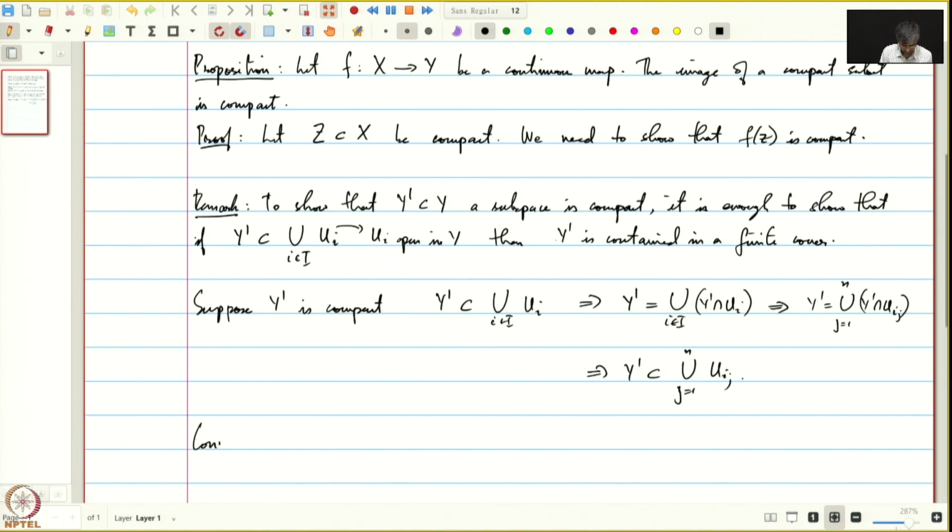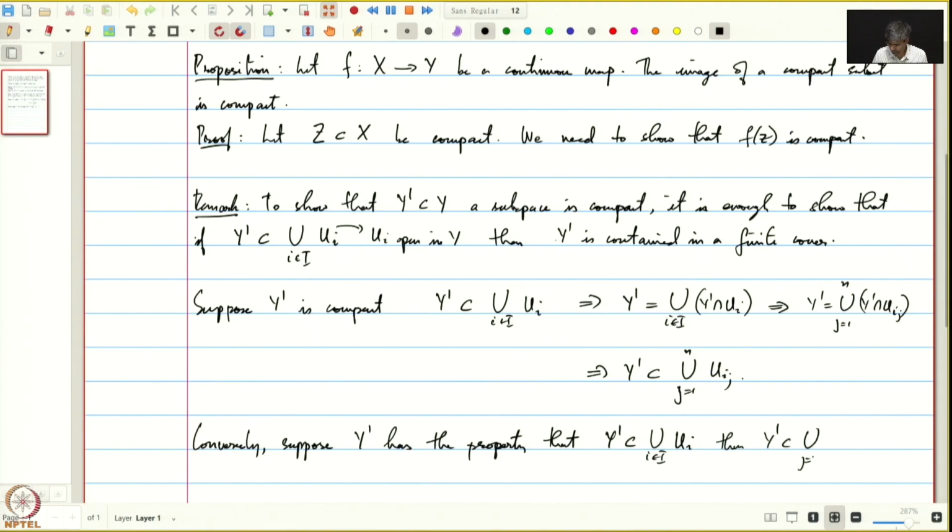Conversely, suppose Y prime has the above property, that if Y prime is contained in a cover where Ui's are open subsets of Y and not of Y prime, then it is contained in a finite subcover.